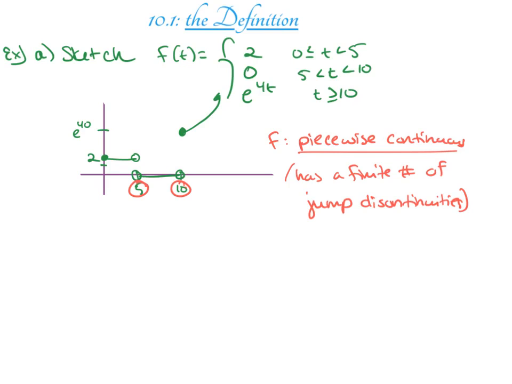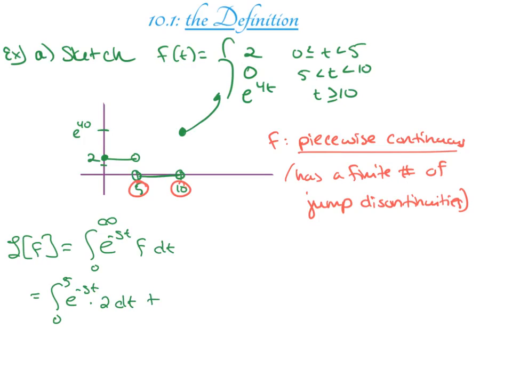So here's how we're going to do that. The Laplace transform of f, you already know, is the integral 0 to infinity e to the negative st times f dt. However, f is at first on 0 to 5 defined to be 2. And if you remember your integrals, you can set these up even if the function is not defined right at 5, you can still set the integral up.